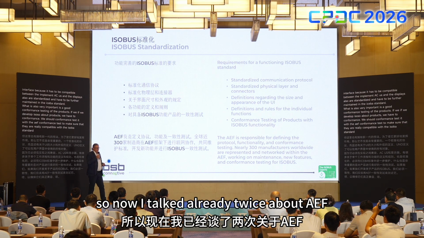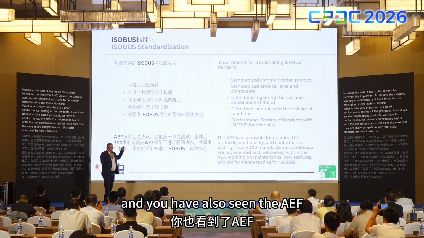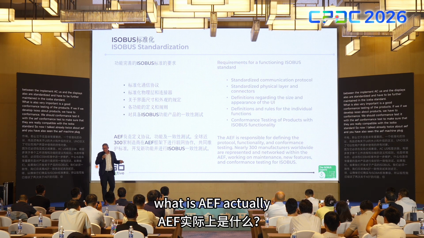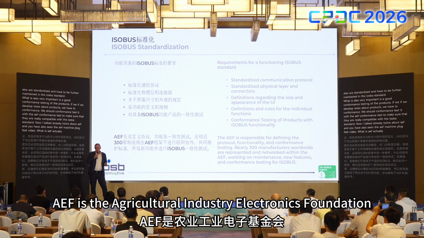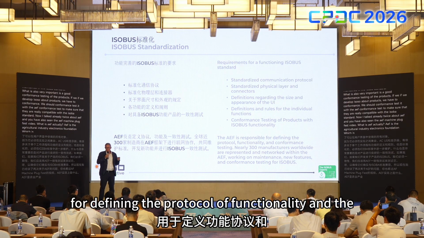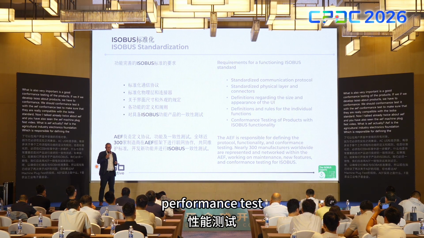So now I've already talked twice about AEF, and you have also seen the AEF machine breakfast video. What is AEF actually? AEF is the Agricultural Industry Electronics Foundation, which is responsible for defining the protocol, the functionality, and the conformance test.